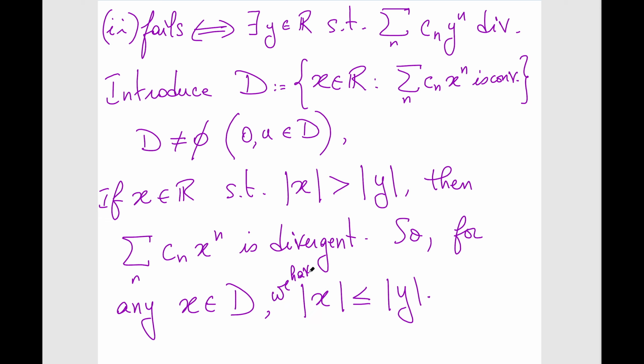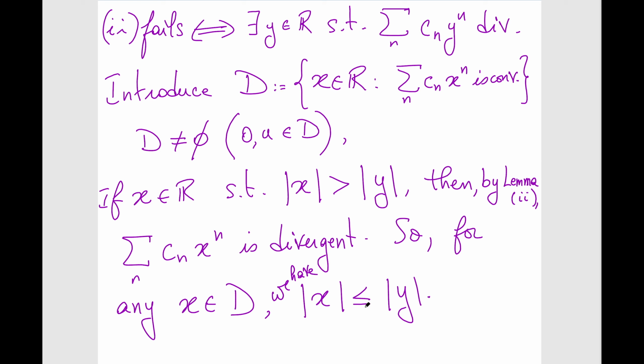I'll repeat why. Because by lemma above part 2, if you take such an X bigger than the absolute value of Y, the series must be divergent if you plug in that X. So any number in the domain of the function, any number in D, is going to allow the series to converge, and any number as such is going to be at most the absolute value of Y, because if it passes that value, you start getting divergence.